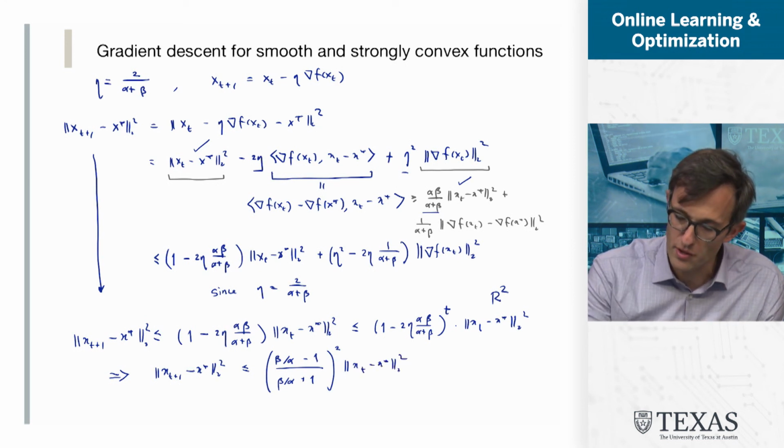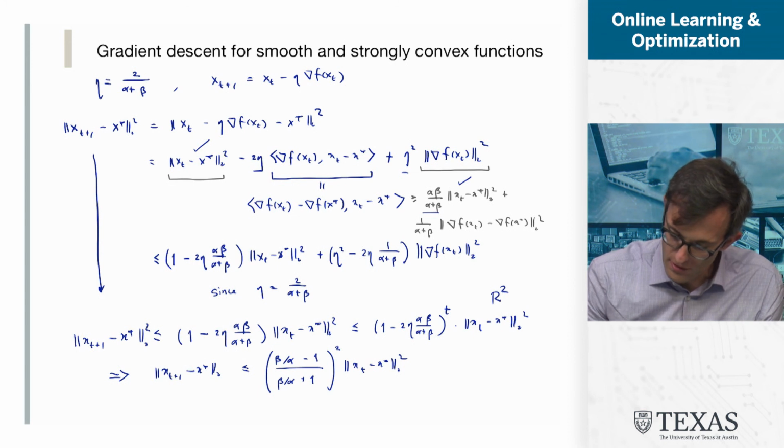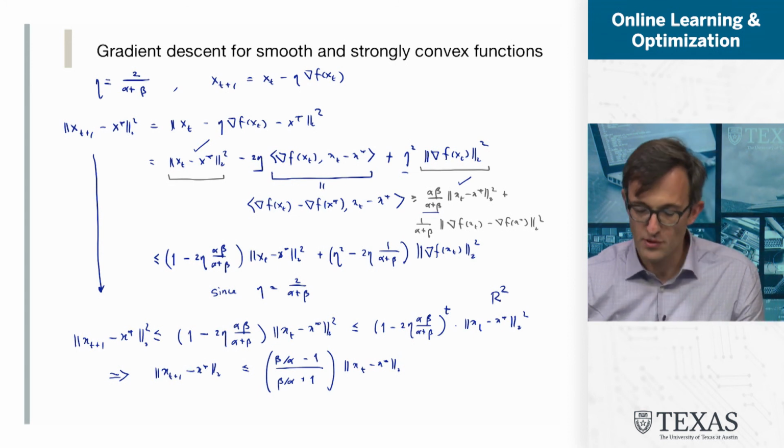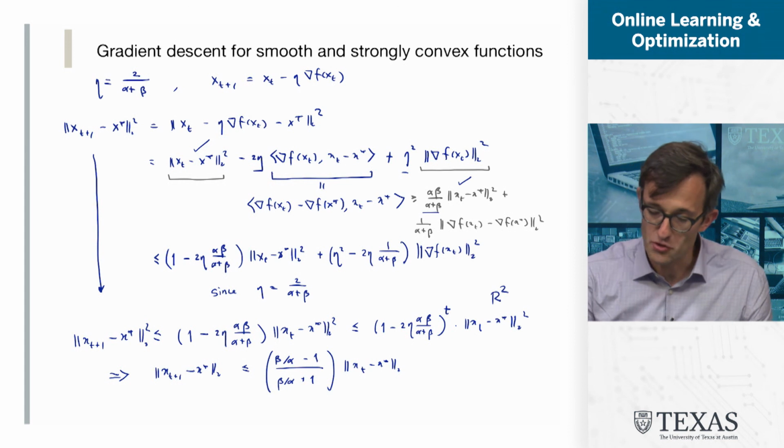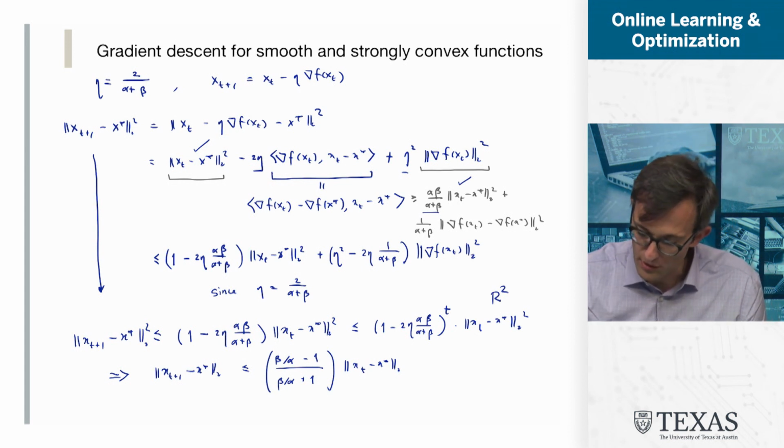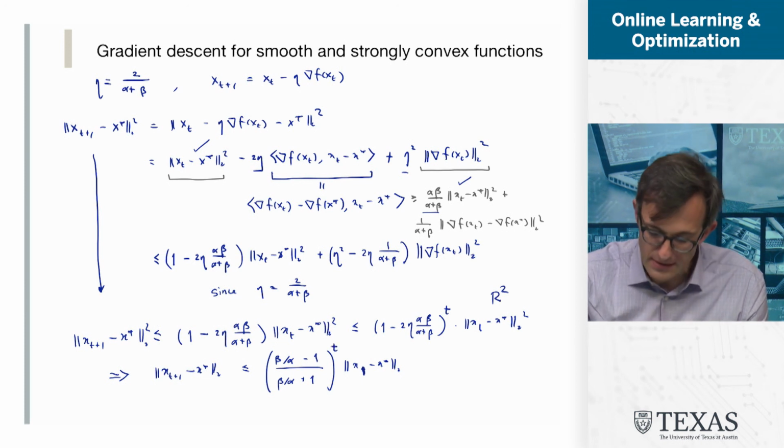We can just take the squares away from everywhere, and we see that this is my contractive factor. And so if I replace this with a 1, I can put a t up here.